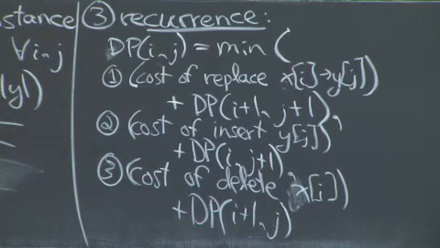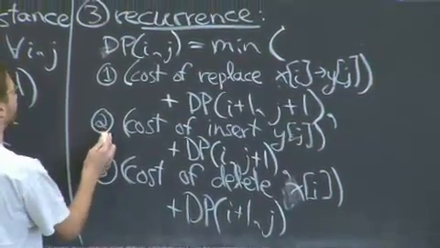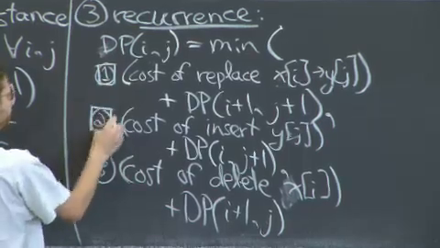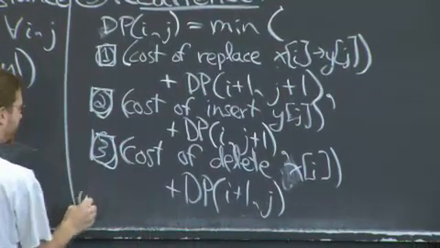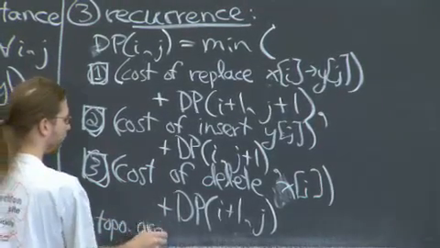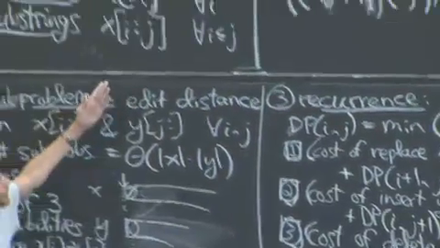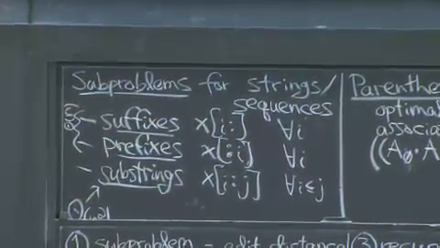And indeed, if you want to jump to step 4, which is topological ordering, sorry, I reused my symbols here. So different symbols. Then back to step 4 of dp, topological order. Well, these are suffixes. And so I know with suffixes, I'd like to go from the smaller suffixes, which is the end, to the beginning.